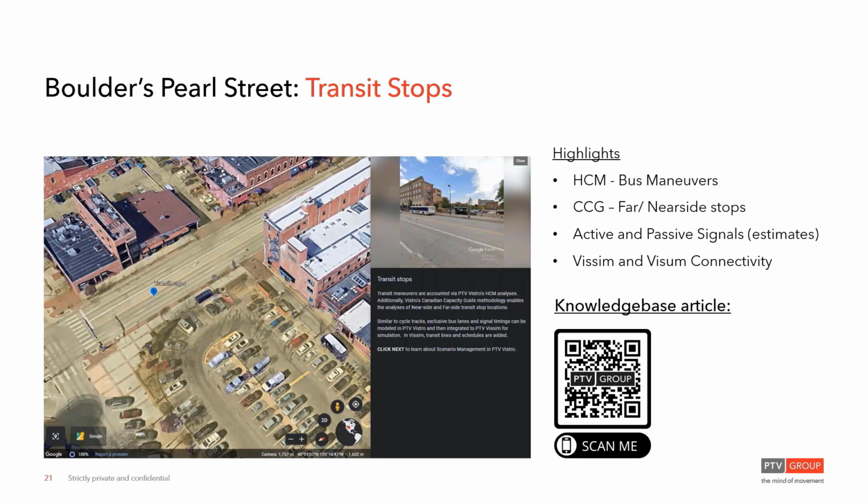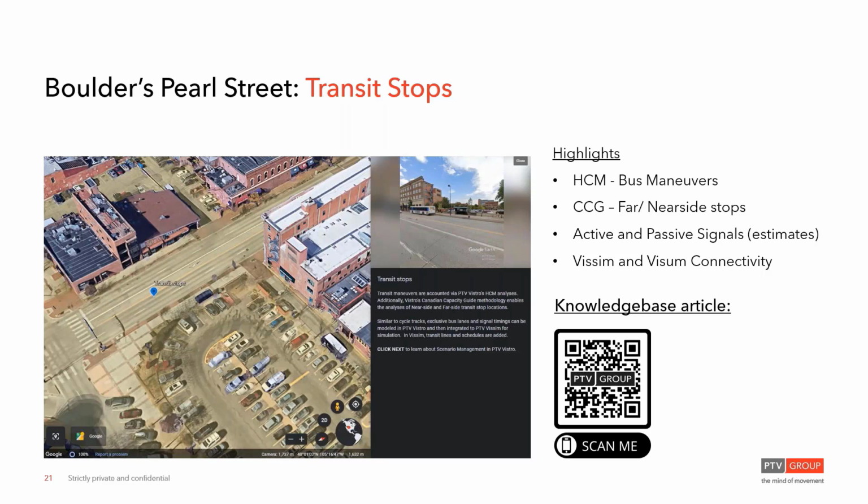And what you can actually do is enter the information in the Canadian Capacity Guide analysis that says how close this far side stop is to the intersection or how far after the intersection it is. And then that would calculate some turbulence around the signalized intersection.